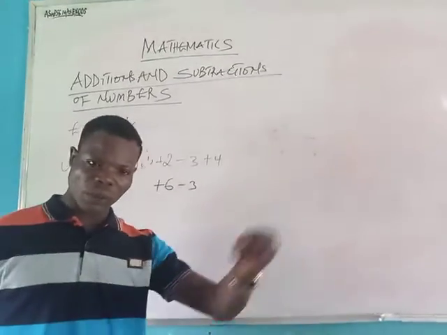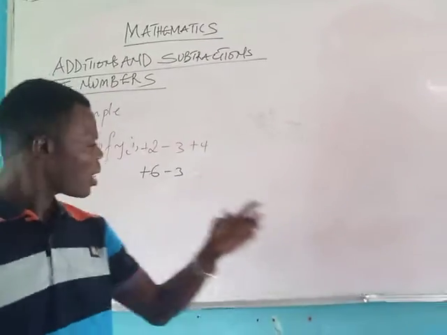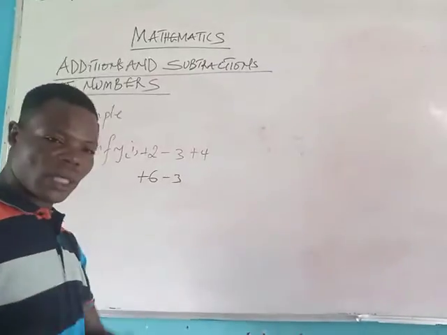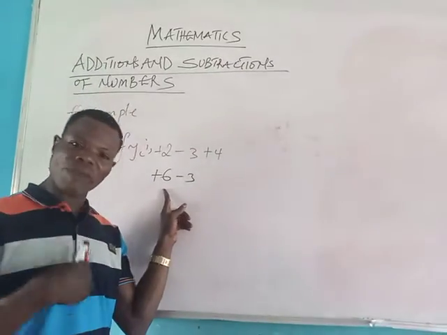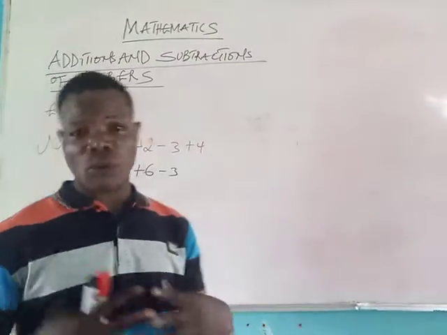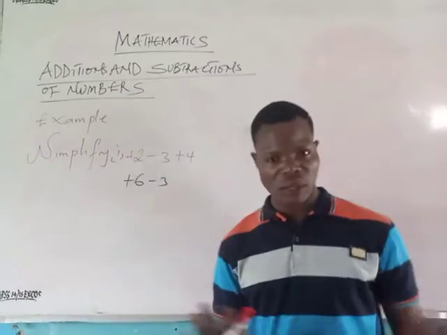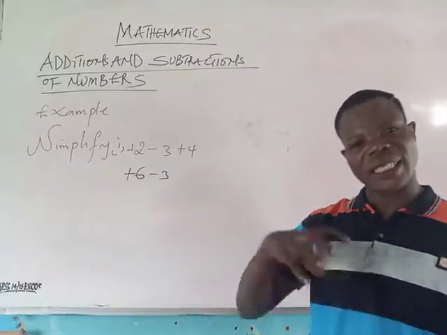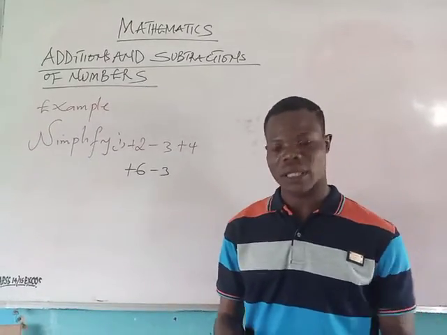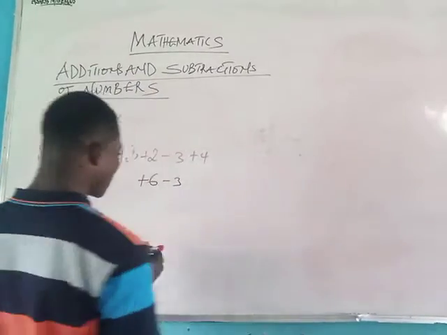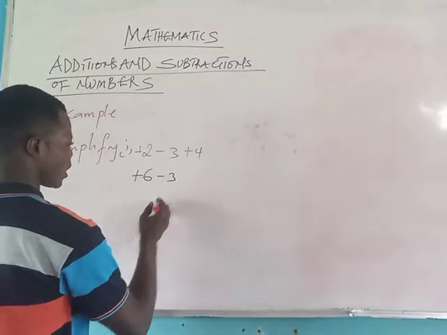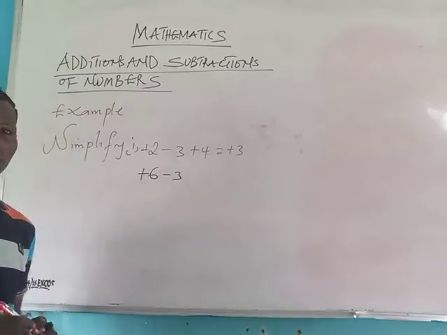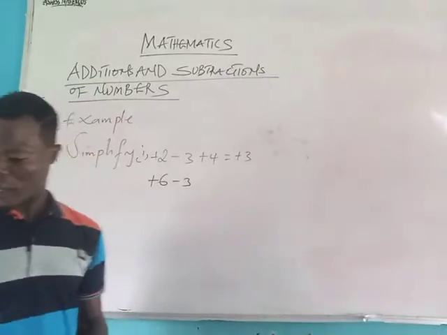What do you do? Just pay that person directly. When you remove 3 naira from your money, which is 6 naira that you have in your pocket, are you still going to owe that person? No, is the answer. You will still have an extra 3 naira in your pocket. Therefore, the answer to this is just plus 3.